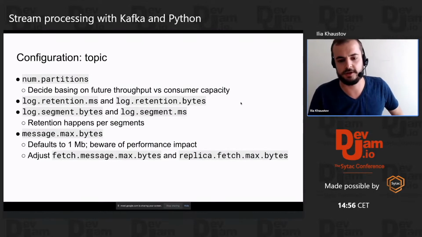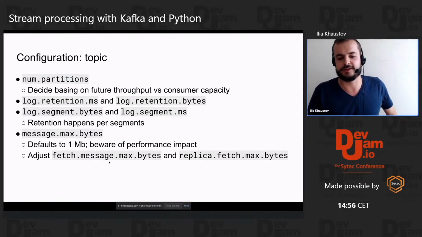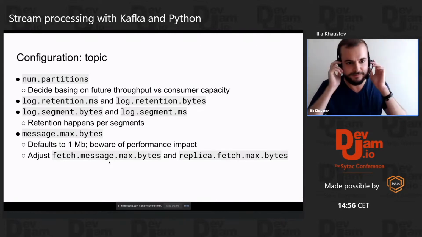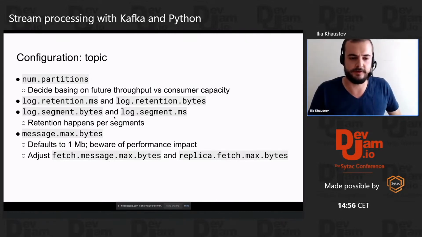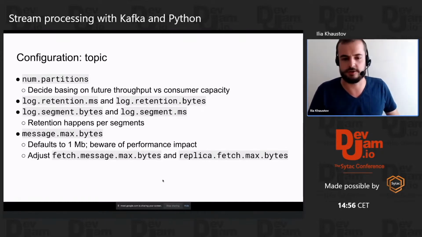Fetch message has to be adjusted on consumer, I think, and replica is adjusted on other brokers. So what happens if fetch message is less than message max bytes? Then you will just receive an incomplete message in consumer. You never know what happens, why it's always broken. So beware and always coordinate every change you do with message max bytes.